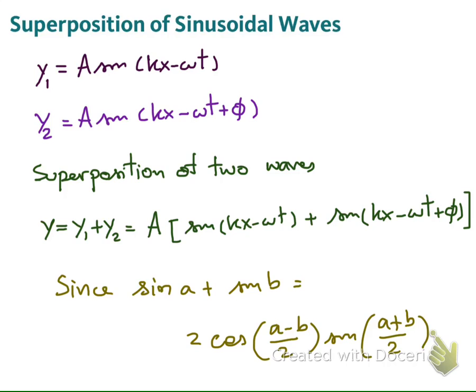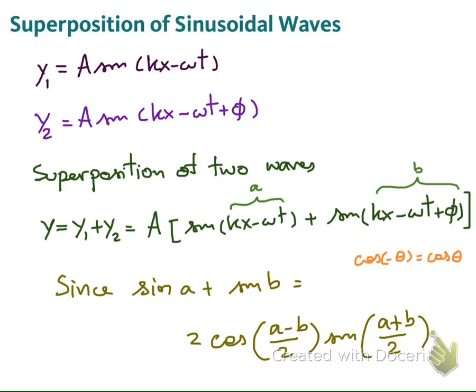So in this situation, we choose this term to be A, and this term to be B, and also use the fact that cos of minus theta is equal to cos of theta.